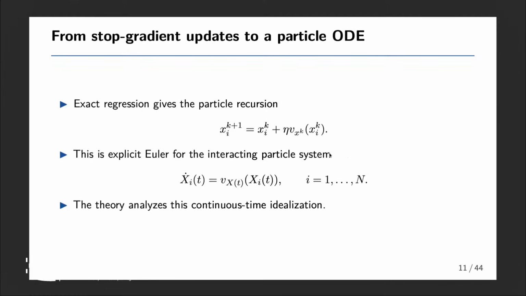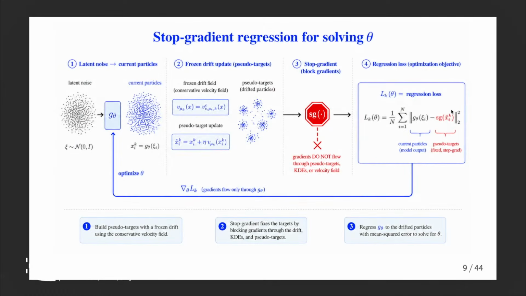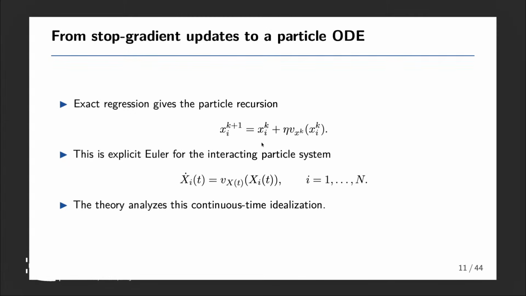So one idealization that I'm going to do is that I'm going to assume that the regression here is exact, so that each time you're basically solving the regression problem fully, and then your update is exactly given by this particle recursion here, right?